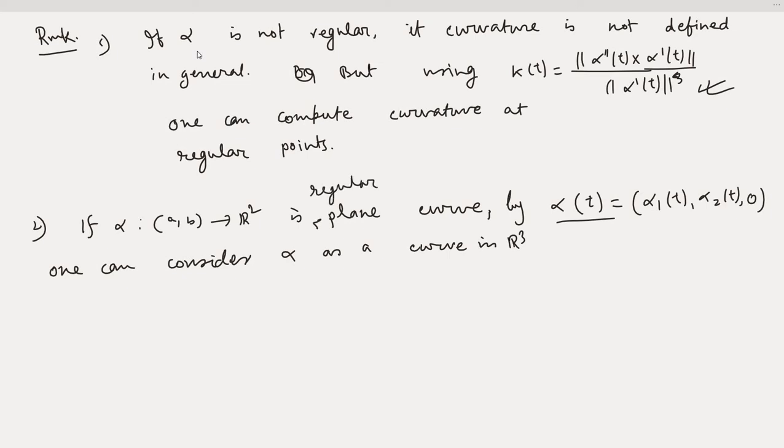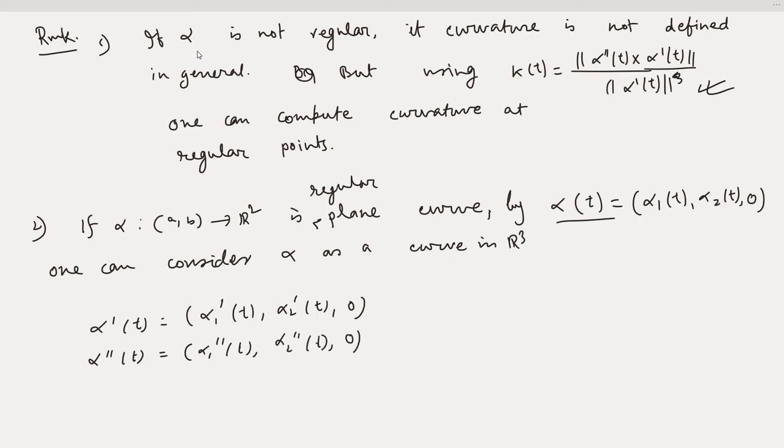So if alpha is a regular plane curve, alpha prime of t is equal to alpha 1 prime of t, alpha 2 prime of t, and the third component is 0. Alpha double prime of t is equal to alpha 1 double prime of t, alpha 2 double prime of t, and the third component is 0.